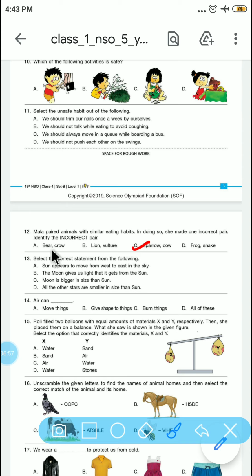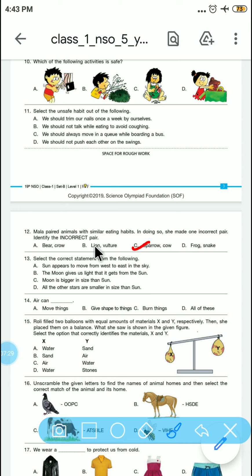If you guys are thinking that what about bear and crow, so bear and crow have the similarities of eating, but in case of grain eating habits of cow and sparrow, so sparrows usually eat grains and small insects while the cow eats green vegetables or green grass. So they have a kind of huge difference between the eating habit and all.